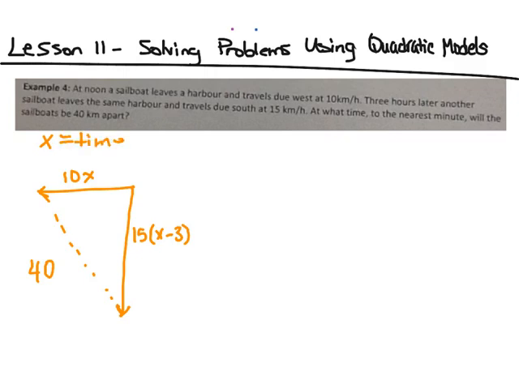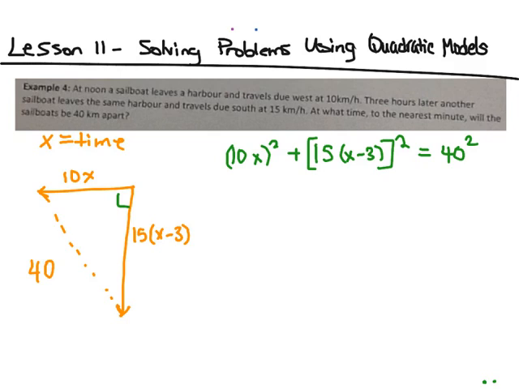So this is a right triangle, so we can use the Pythagorean theorem. So (10x) squared plus (15(x minus 3)) squared is equal to 40 squared. And we want to solve for x. So we're going to isolate x.